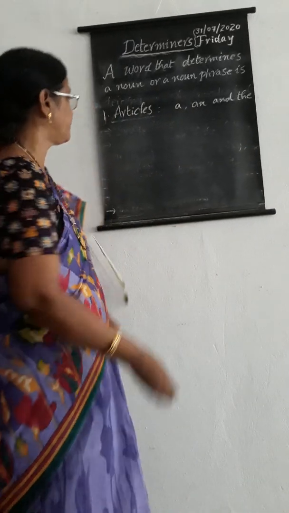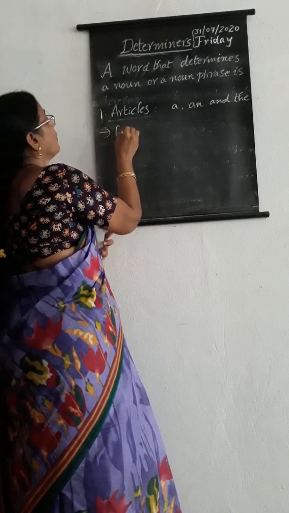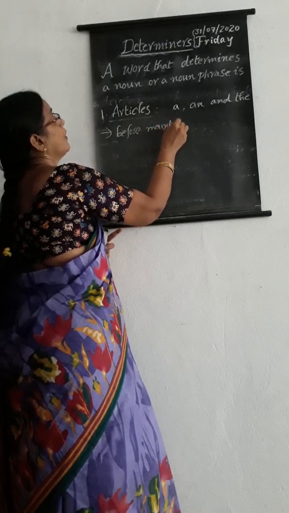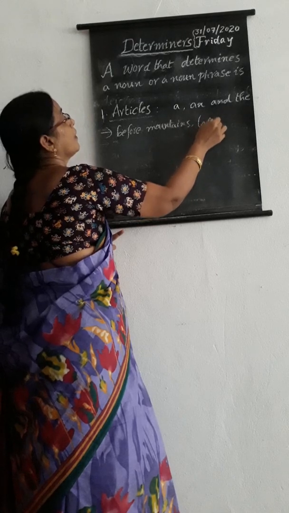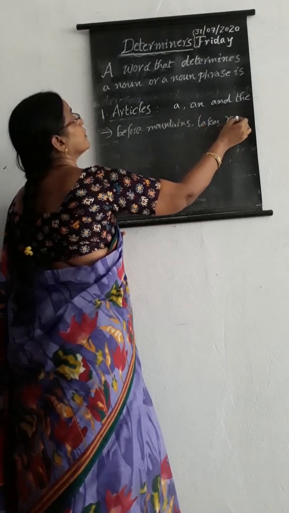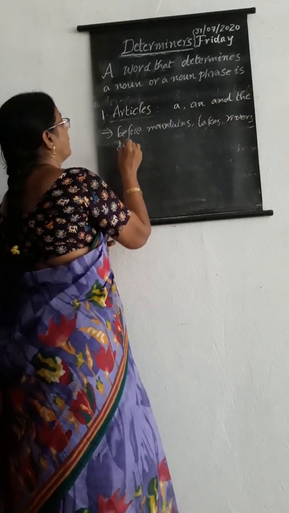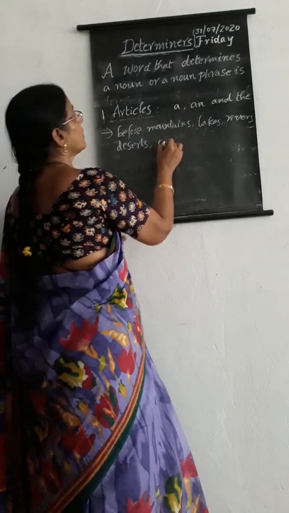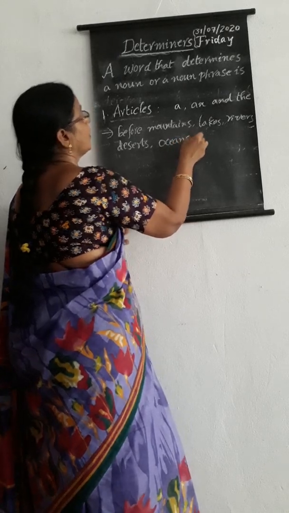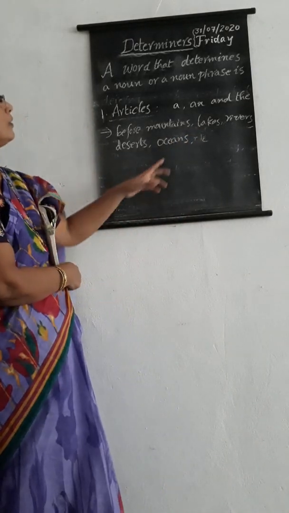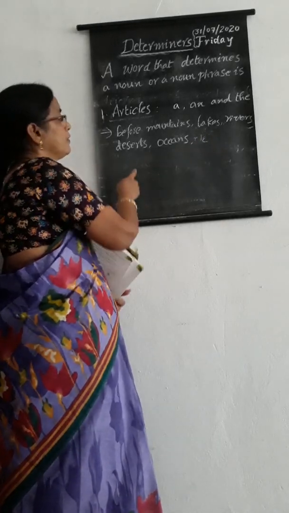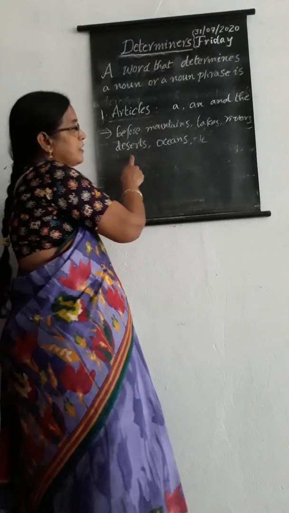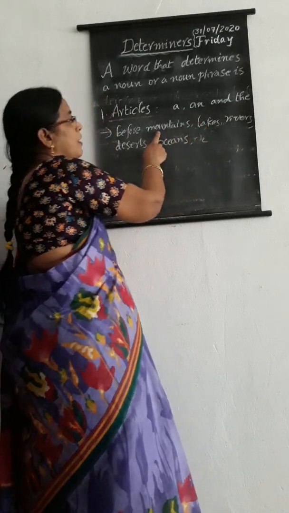Next point is before mountains names, lakes, rivers, deserts, oceans, etc. The Krishna River, the Godavari River, the Thar Desert, the Indian Ocean, the Sambar Lake, the Everest Mountain, like that.